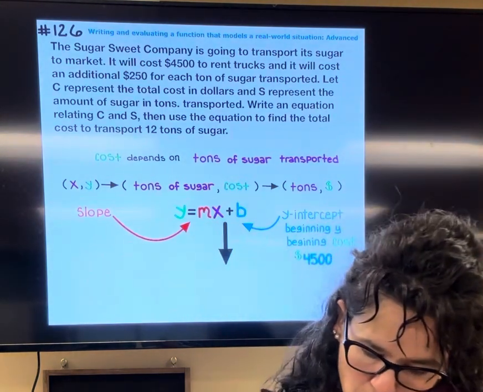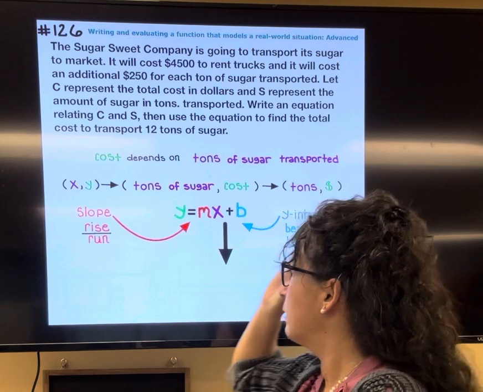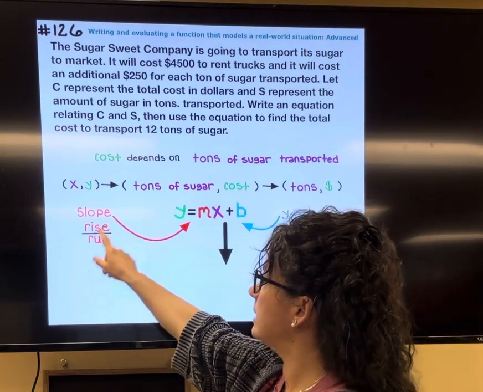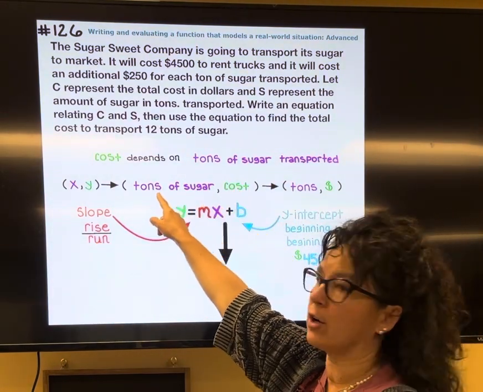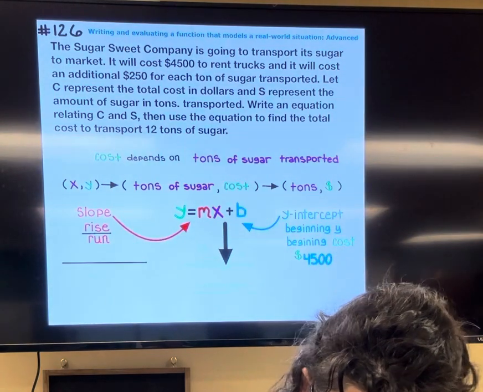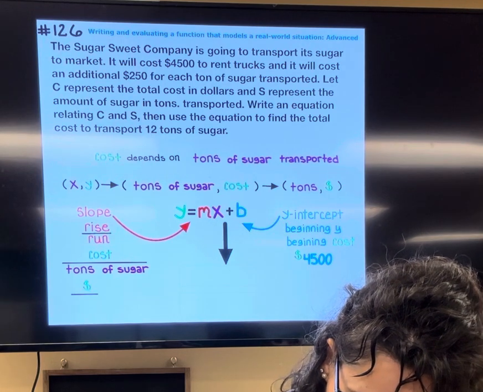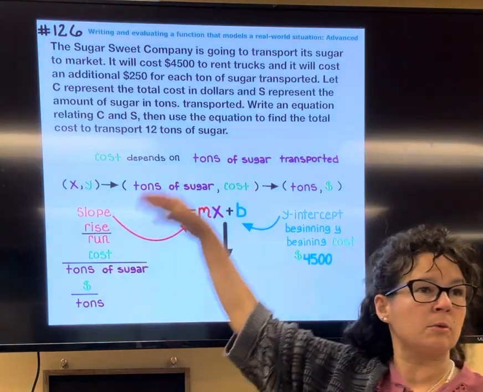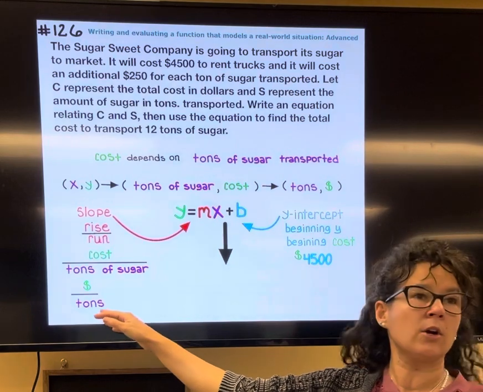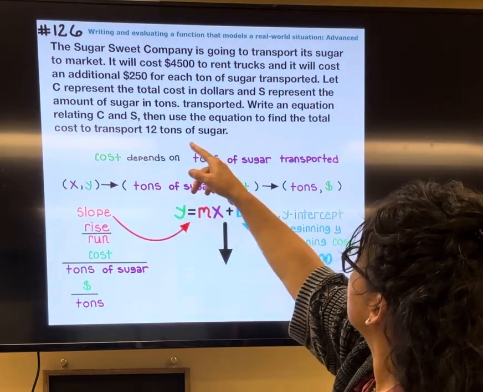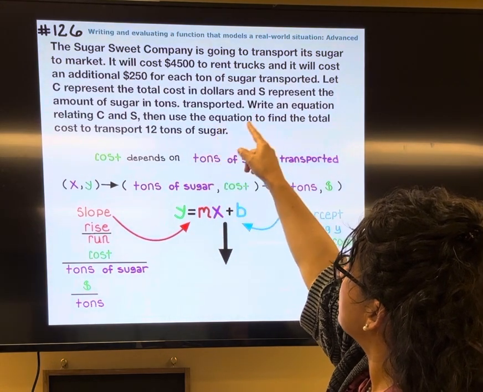And you know that slope is rise over run. Now think about labels. Rise is about your y's and run is about your x's. So it's going to be cost over tons of sugar, which is the same thing as money over tons. That helps me when I'm reading through this. I'm looking for some number up here that is money per ton. It says an additional $250 for each ton of sugar.